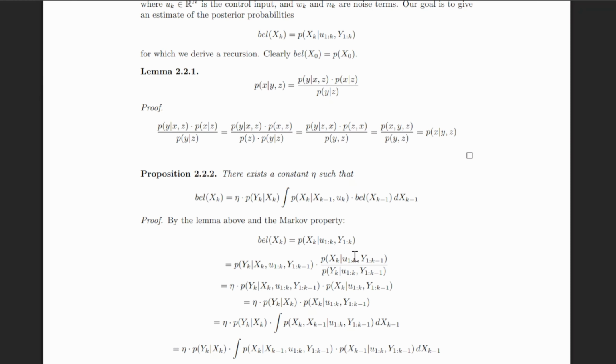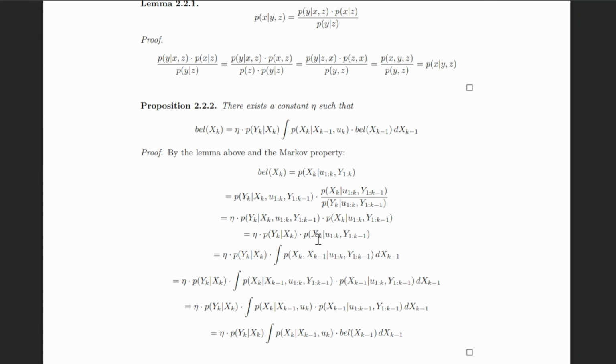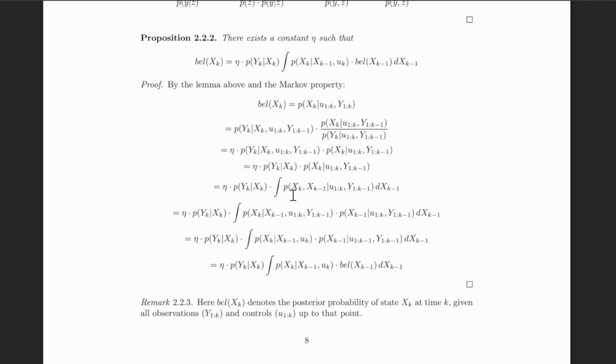Then we denote 1 divided by this probability fraction by eta and pull it out in front. Then we use the Markov property for y_k. Also, we use a continuous version of the Bayes rule for this expression. From this we get this integral over x_{k-1}. Then we simplify this expression to this product.